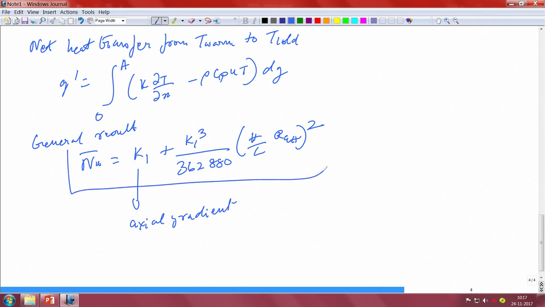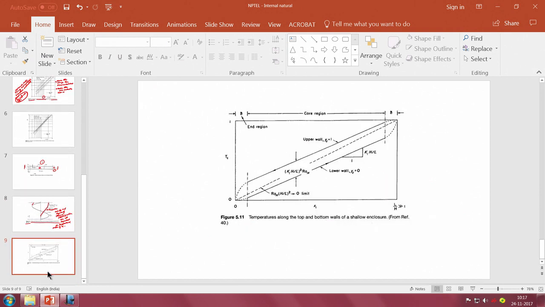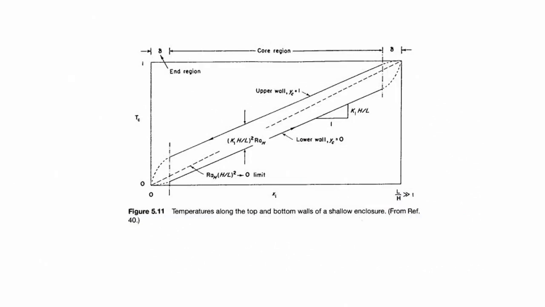This generalized formulation for the Nusselt number is actually shown in another result, which I will pull up right now. This is figure 5.11 again from reference 40, where we show the temperature profiles, where x1 is the same as x by h. Please note this x1 is nothing but x by h.